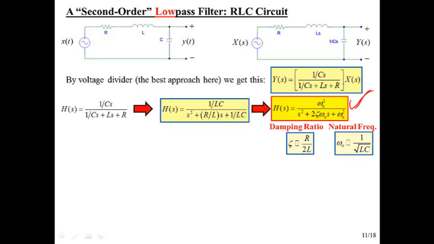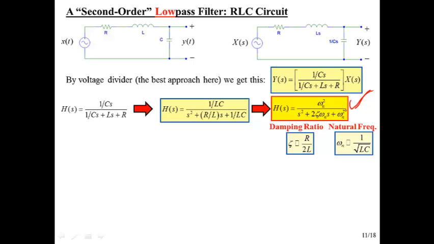not just RLC circuits. So omega sub n is called the natural frequency, and again this square box should be equals with a delta sign over it. That means defined to be. And the damping ratio zeta is defined this way.